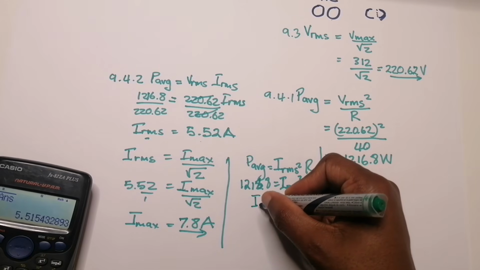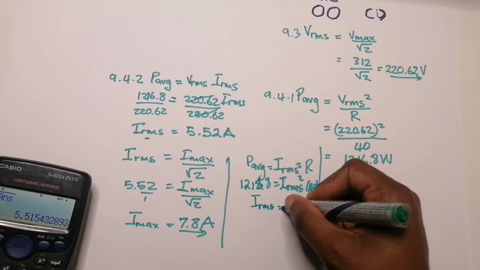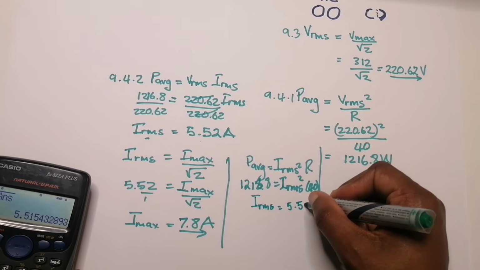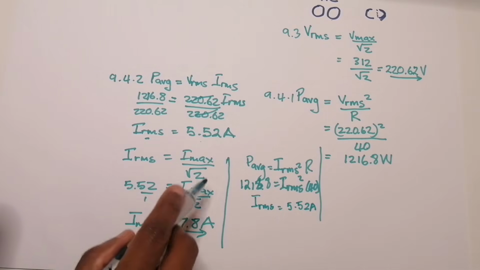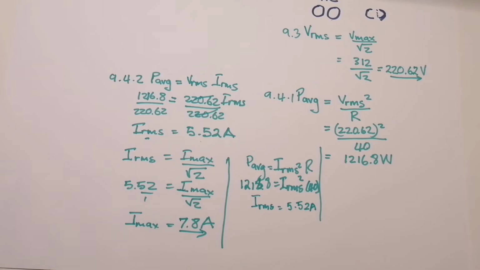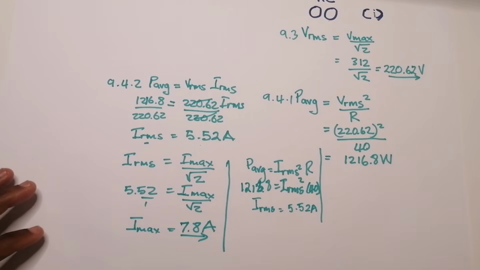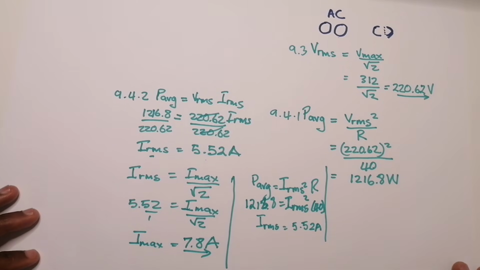Once you get there, I RMS, that's 5.52 amperes. Of course, to get I max, you'd go back to this formula here. So I just wanted to show you a different way of doing that. This section is quite an easy section. You can really maximize on getting max on this section.